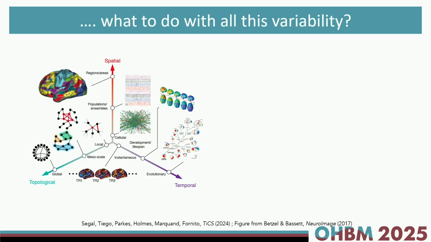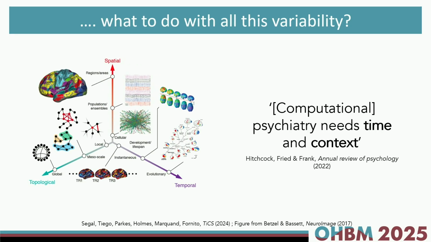And so something that I've personally been thinking a lot about is that in the context of biological psychiatry, we need to be thinking about time and context in order to understand psychiatric disorders. And for me, a path forward in this way is trying to really incorporate deep phenotyping alongside big data.